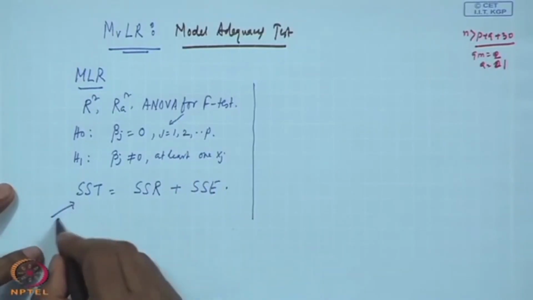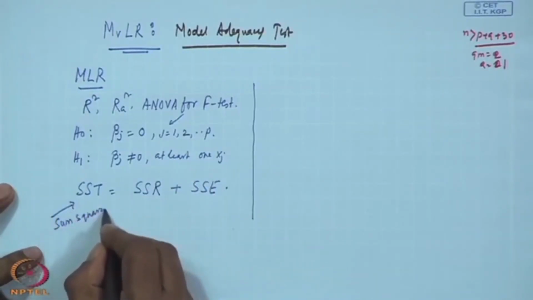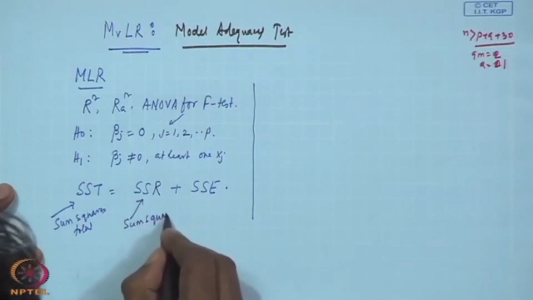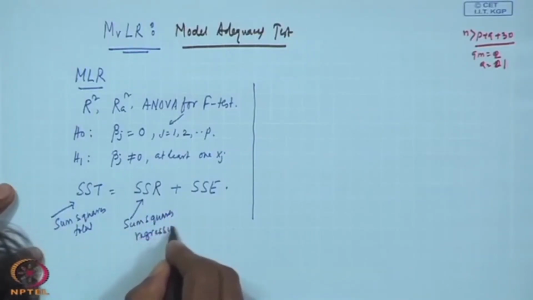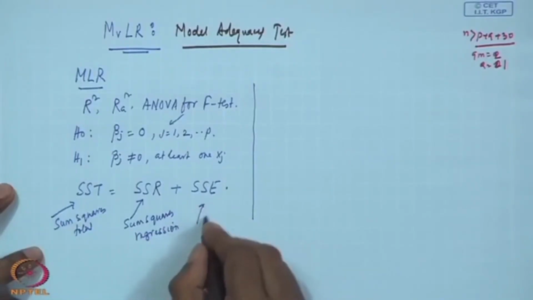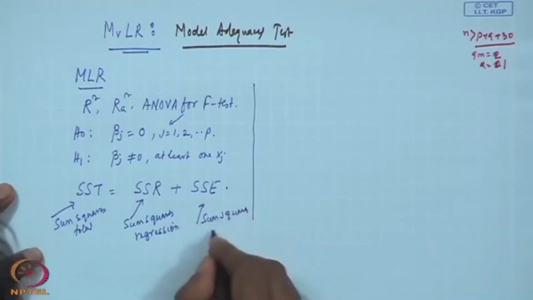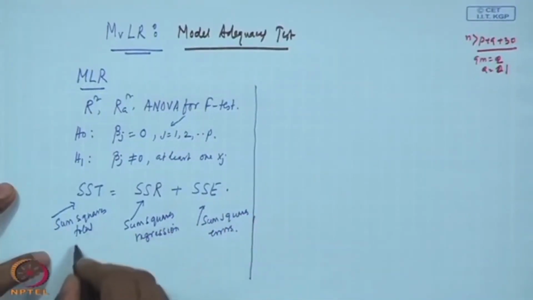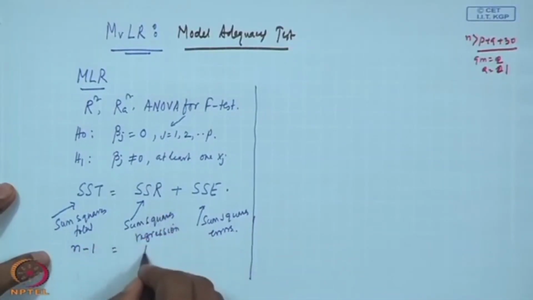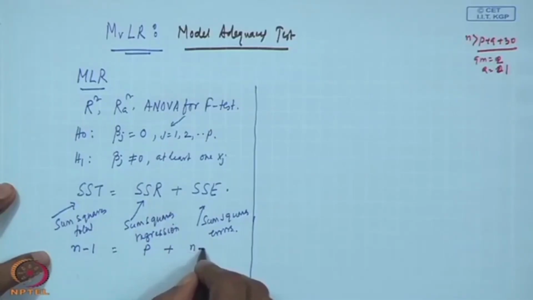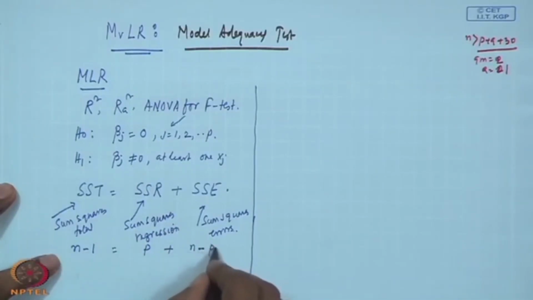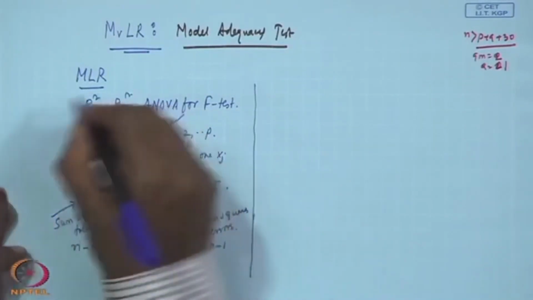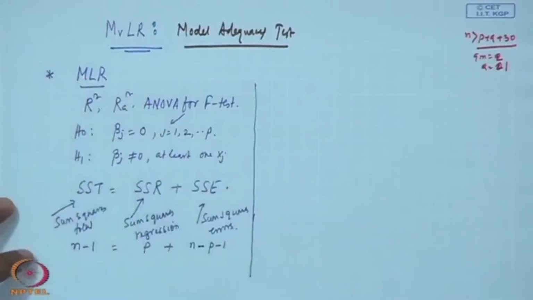That means the total sum of squares equals the sum of squares regression plus the sum of squares residuals, or errors, correct. And using this, the degrees of freedom were n minus 1, then p, and n minus p minus 1. Okay. So, this is basically all our model fitting.